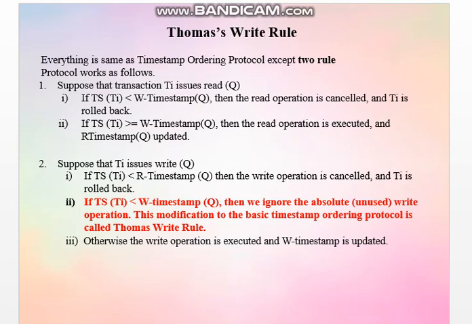If the transaction T1 has a higher or equal timestamp as the write timestamp, it means it is reading the updated value. At that time we can allow the reading operation to be executed successfully, and we will update the read timestamp of the data item.